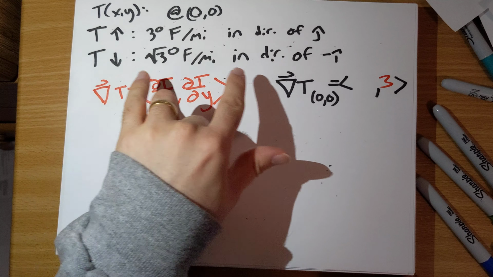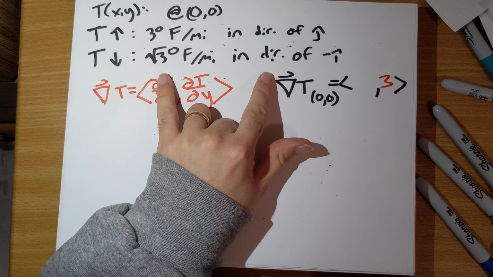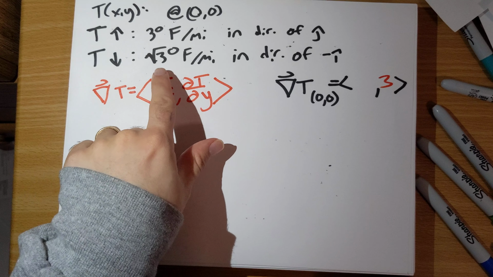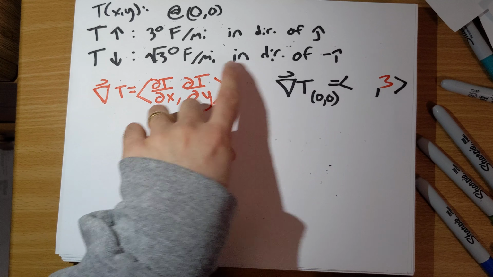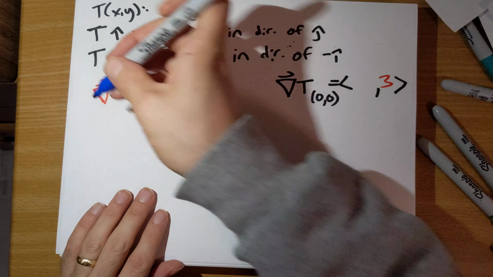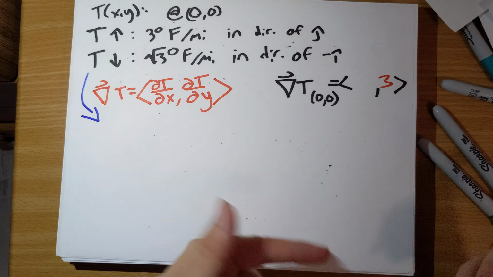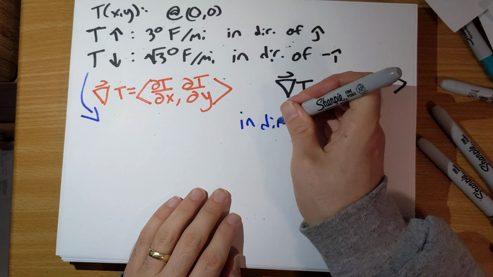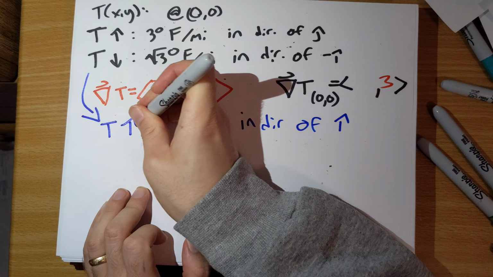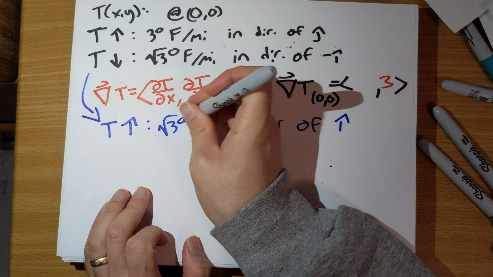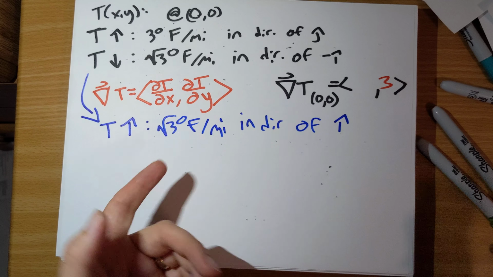Now, the other piece of information here is that T is decreasing at a rate of 3 degrees Fahrenheit per mile in the direction of negative i hat. If you went instead in the direction of positive i hat, T must be increasing at a rate of root 3 degrees Fahrenheit per mile. That's how these things work.